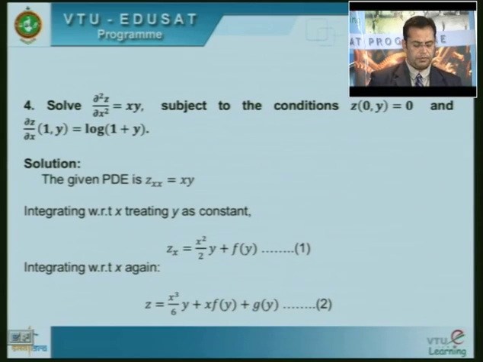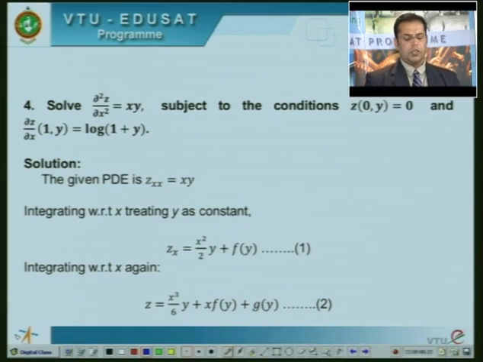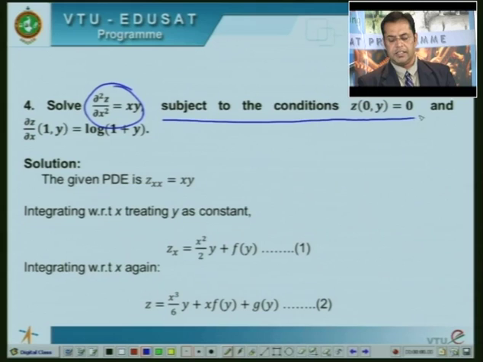Solve dou square z by dou x square equal to x into y, subject to the conditions z of 0 comma y equal to 0 and dou z by dou x of 1 comma y equal to log of 1 plus y. So, before solving the problem, let us analyze these conditions.